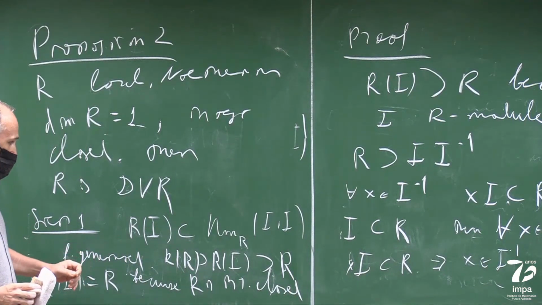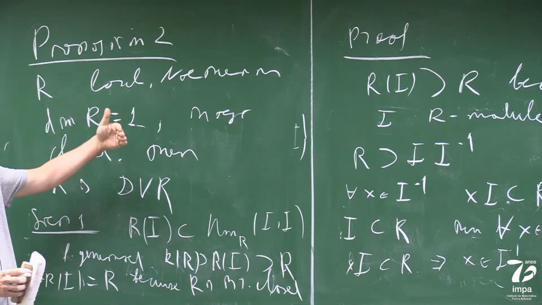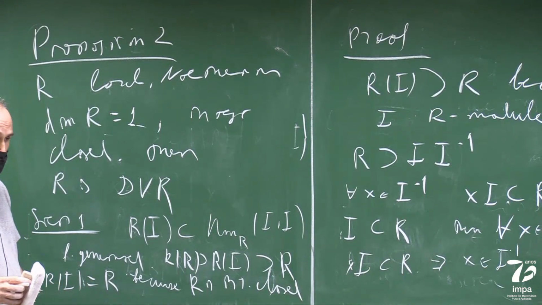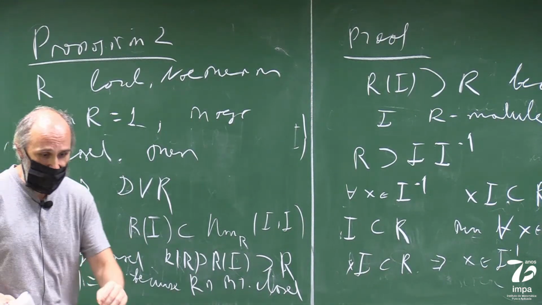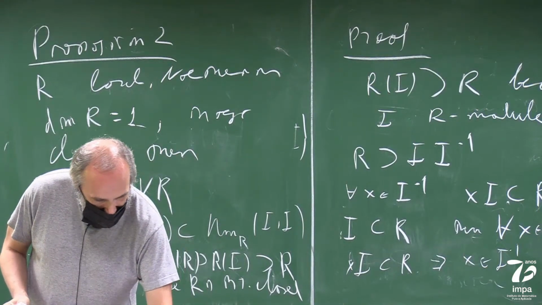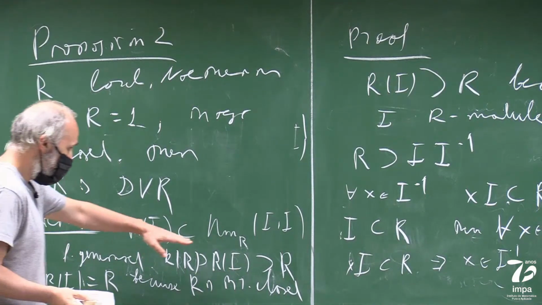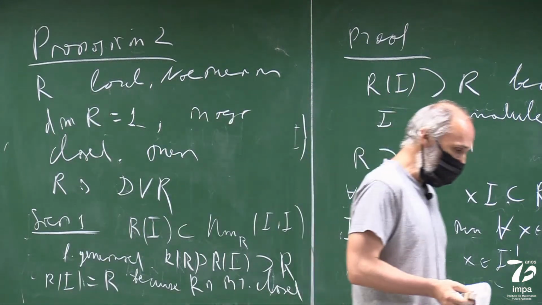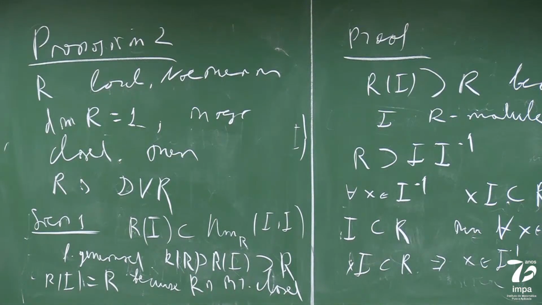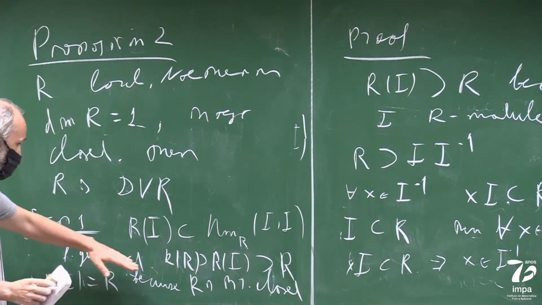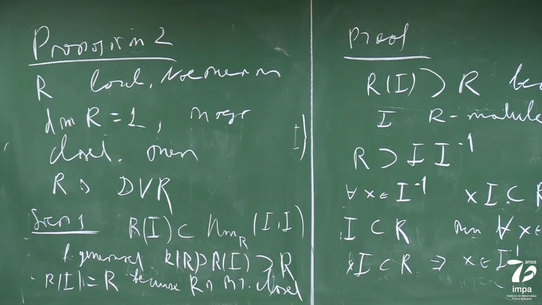It's a map from I to I. There could be some other elements, but it sits inside this homomorphism module. On the other hand, it also belongs to this fraction field. So it is two different interpretations of the same algebra.